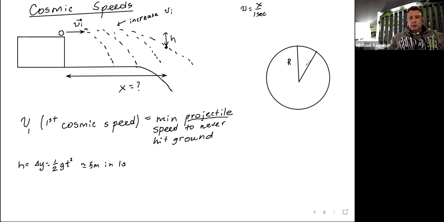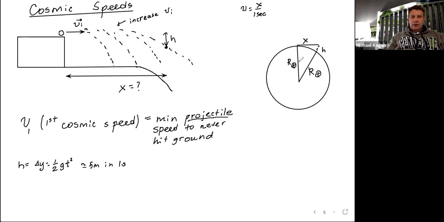So these are both R of Earth, this distance is x, and this is h. Are you guys okay with this geometric construction? So you travel by x to the right, and that makes h of height above the surface. So how do we figure out x?